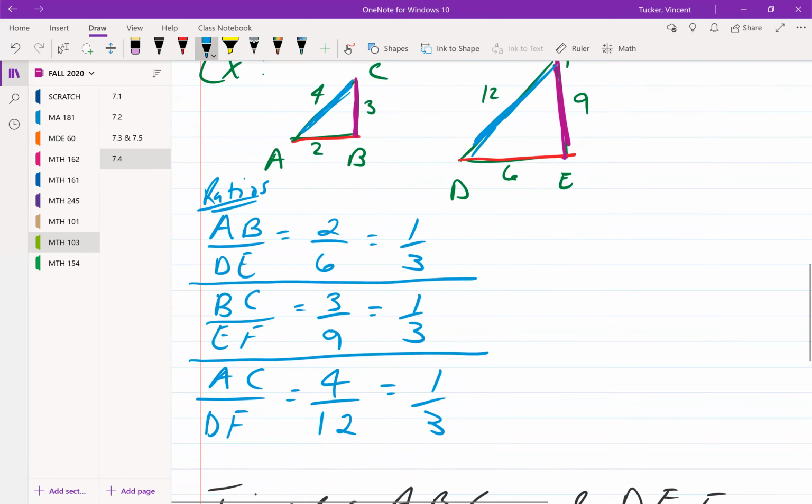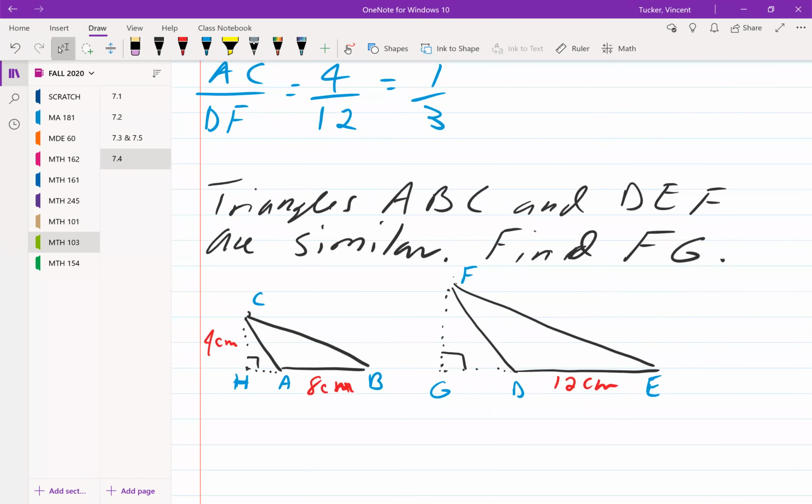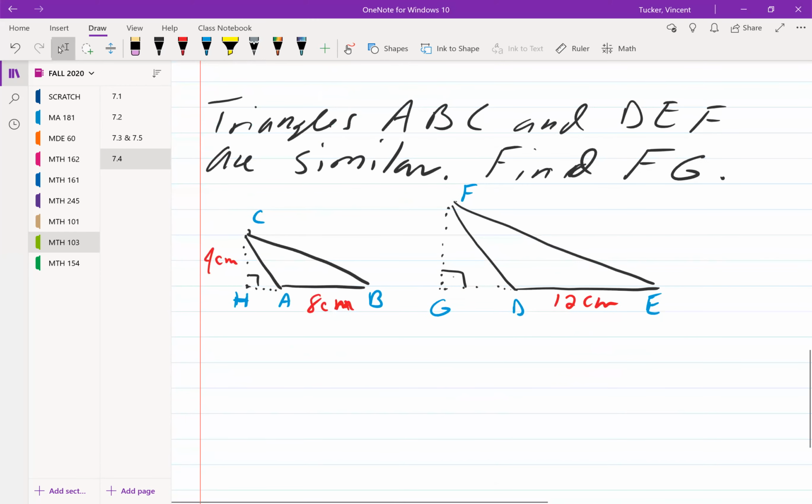And that key will help us to be able to solve missing sides in our similar triangles. So if we have triangles ABC and DEF, and we know they are similar, we can find the height, which would also have that similar ratio, created by looking at our heights.